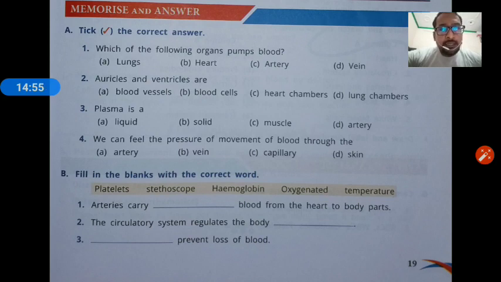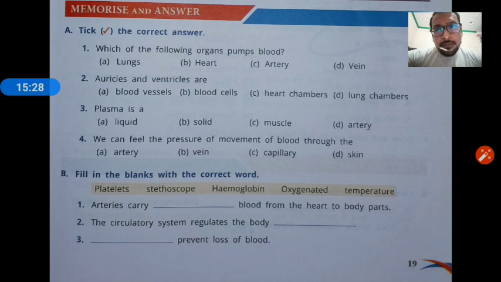Then number 3, plasma is A. liquid, B. solid, C. muscle, D. artery. What is it? It's a liquid. So this is the answer. Number 4, we can feel the pressure of movement of blood through the A. artery, B. vein, C. capillary, or D. skin.